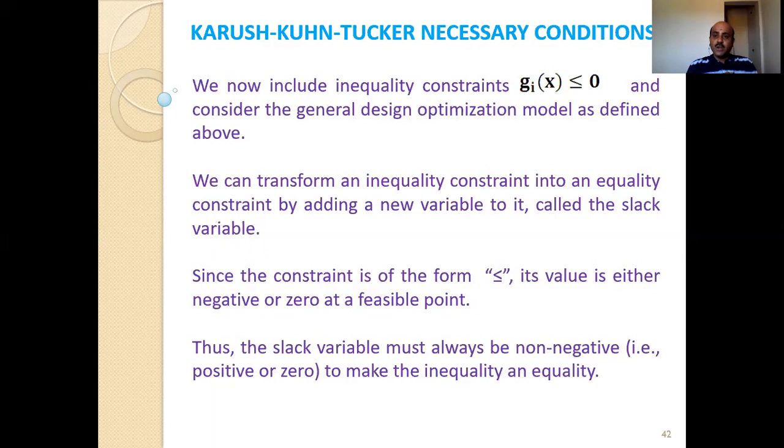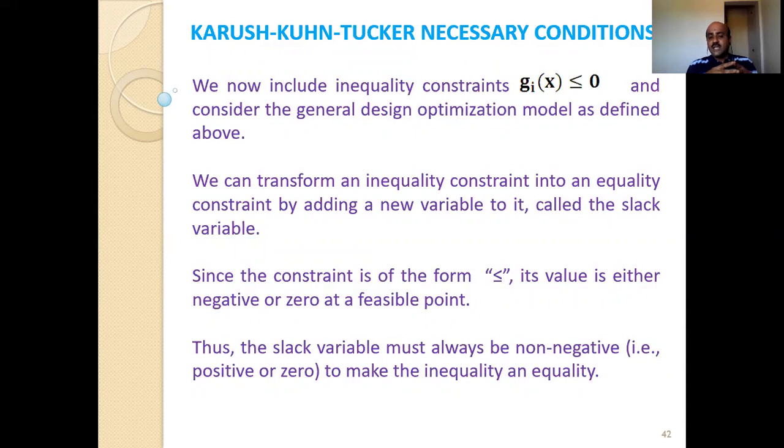This is possible by adding a new variable to it, and that new variable we call a slack variable. I think you might have heard this word slack variable in your operations research class, maybe when using the simplex method for linear programming problems.